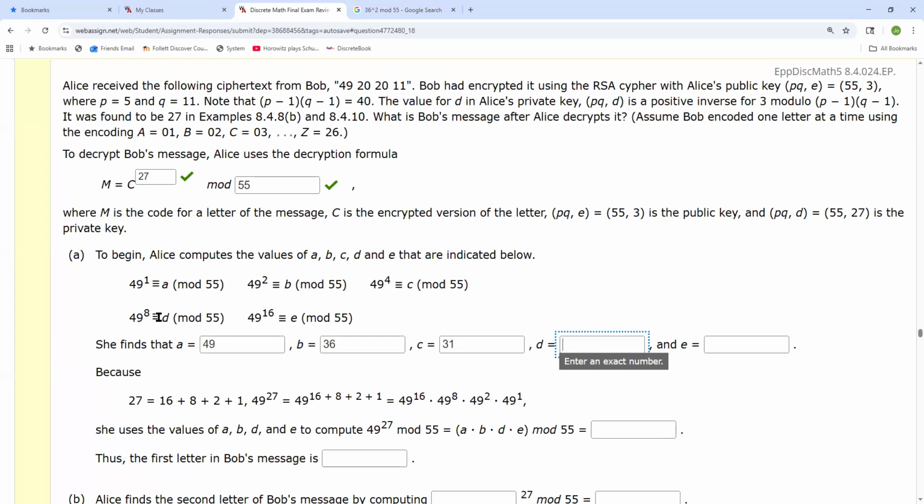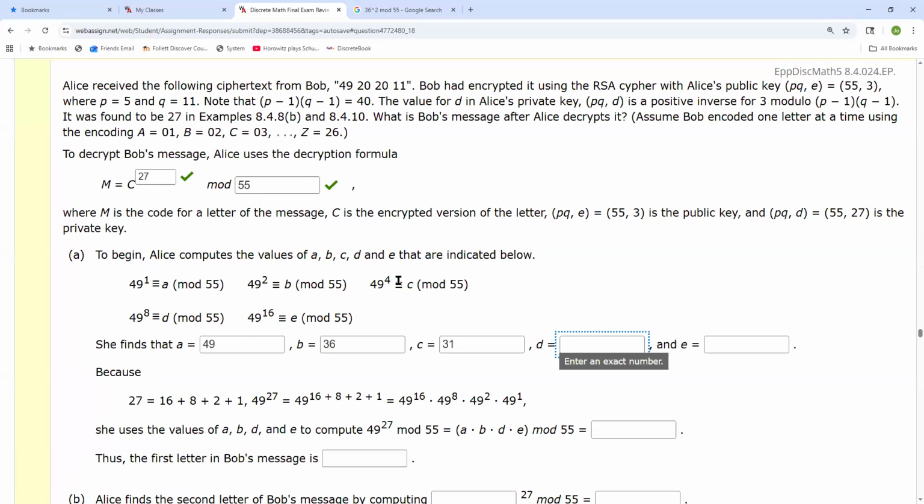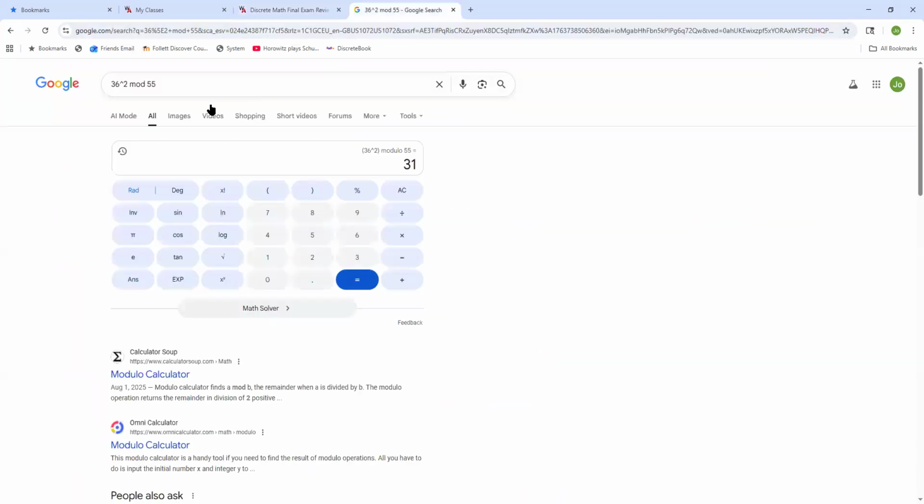And then how do we get 49 to the eighth mod 55? Well, I already know that 49 to the fourth squared is 49 to the eighth, and I already know that 49 to the fourth is equal to 31 mod 55. So I can just take 31 squared mod 55, which is 26.